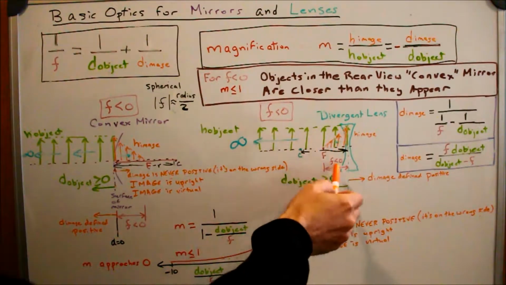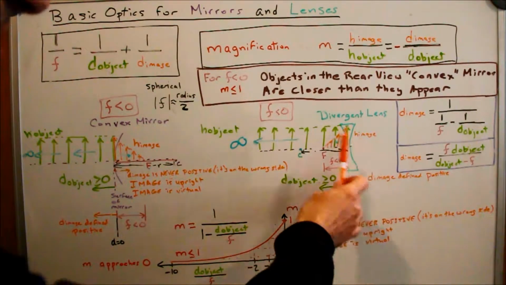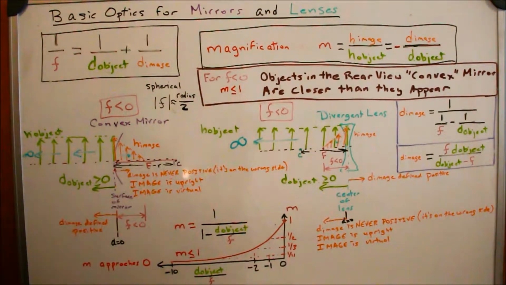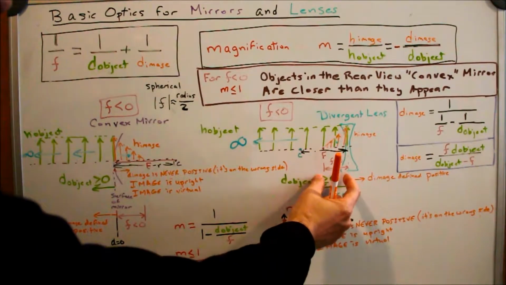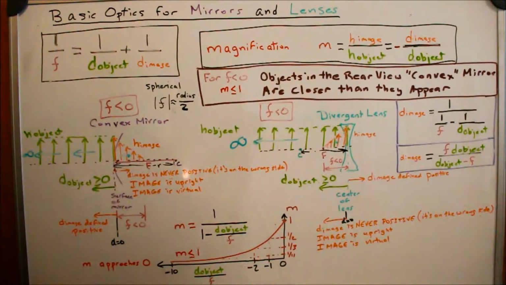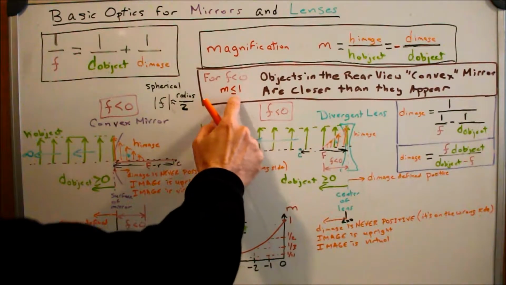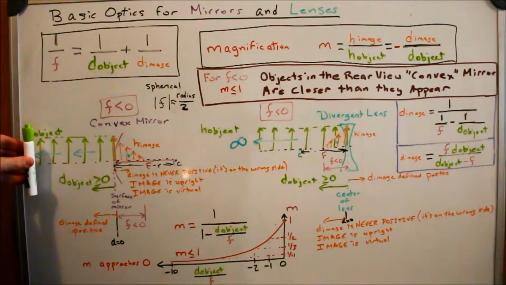So again, for all these cases with focal length less than 0, the distance of the image is never positive, because it's always on the wrong side. Again, the image is always going to be upright, and therefore the image is always virtual. It's not a real image. So knowing these limitations, with D image being between 0 and this minus focal length, and the magnification factor always being less than or equal to 1 and approaching 0 as the object is at infinity.